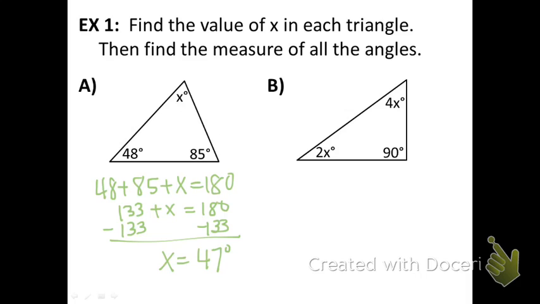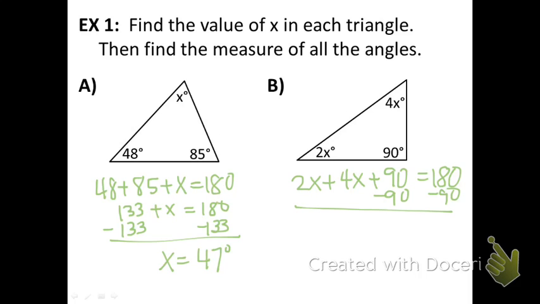In our second triangle, we have a 2x for an angle, a 4x for an angle, and 90 for an angle. The first thing I would do is get rid of this 90. This proves something we have talked about before, that the other angles of a right triangle are complementary.